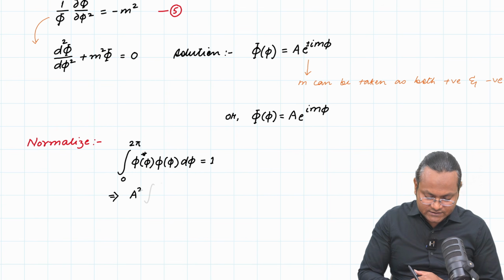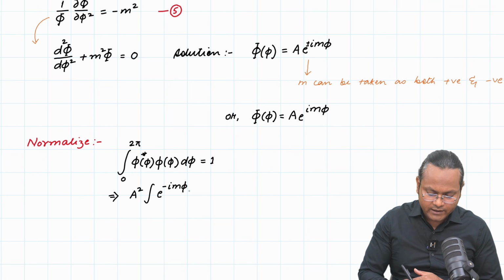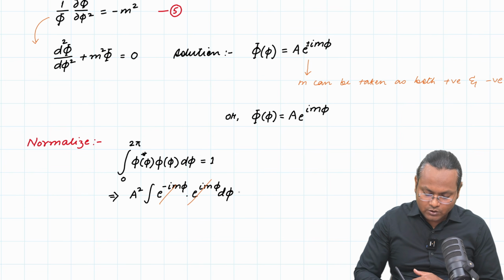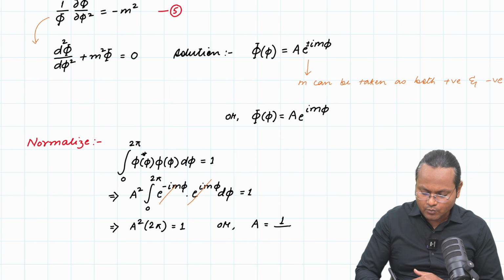So we will get a square e to the power minus iota m phi and e to the power iota m phi, which, by the way, gets cancelled, right? Which is equal to 1. So essentially you are integrating phi from 0 to 2 pi. Such an integration will just give you 2 pi, nothing else. So a square 2 pi equals 1. And as a result of it, a is simply equal to 1 upon root 2 pi.